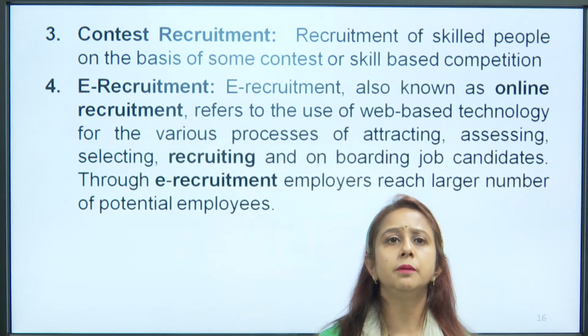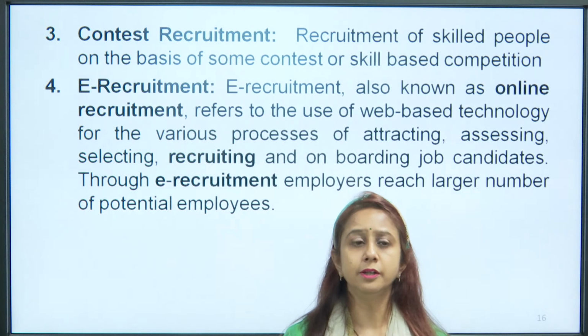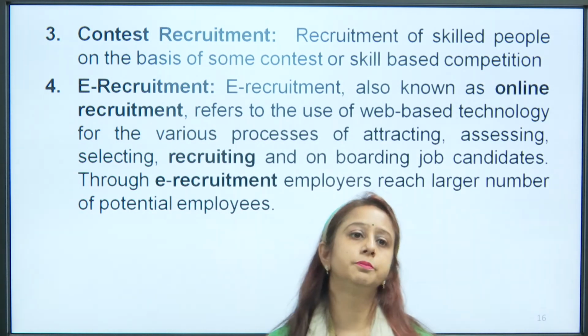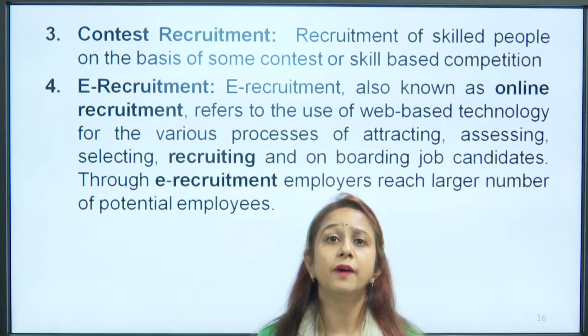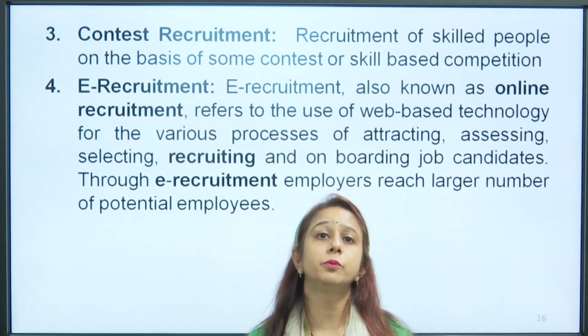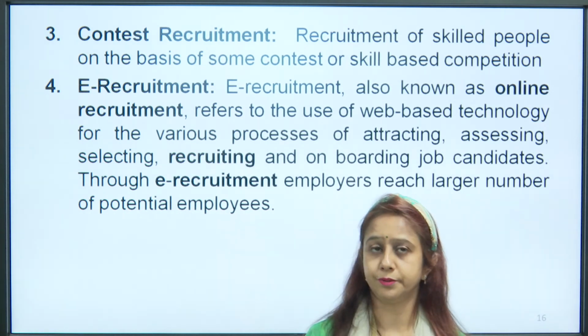So, recruitment of skilled people is done on the basis of some contest or skill-based competition. For example, a logo contest arranged by an organization. If there is a logo contest with, say, a series of 5 tests, the people who qualify these 5 tests may be offered a job in the organization.